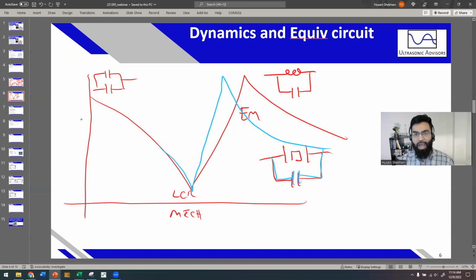So you can simply add a capacitor in parallel and change your anti-resonant frequency. That tells you this isn't as mechanical as I thought it might be. This isn't a resonance like we're taught in terms of mechanical resonance in the same way.